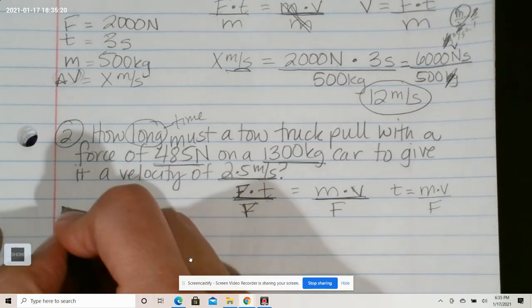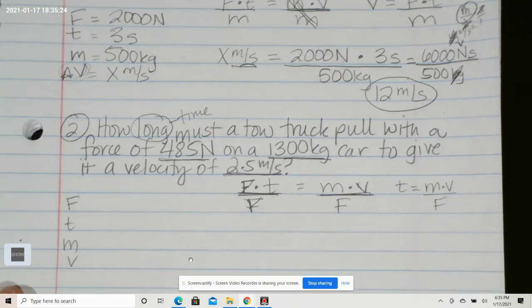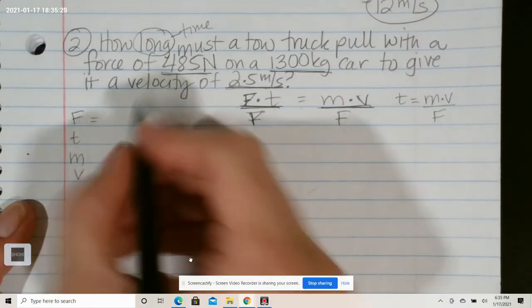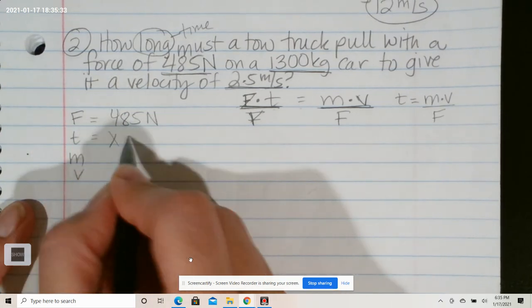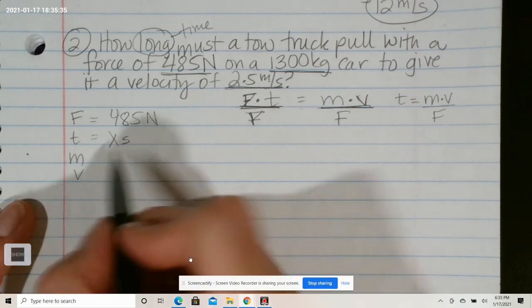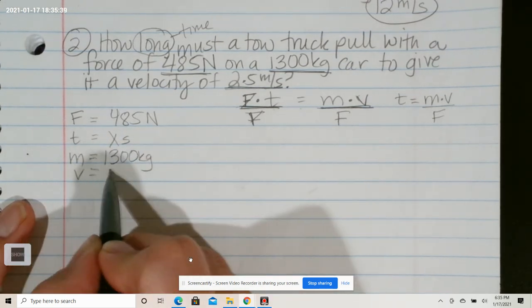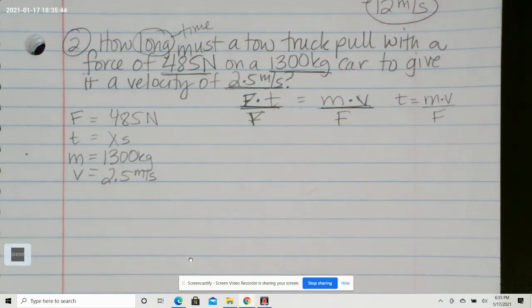So let's write down our variables. We have our force, our time, our mass, and our velocity. Our force is given to us at 485 newtons. Our time is what we're looking for, so it's x seconds. We have a 1,300 kilogram car, and it ends up at a velocity of 2.5 meters per second. That was its change in velocity.